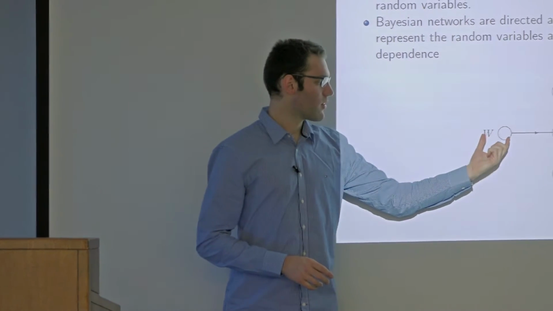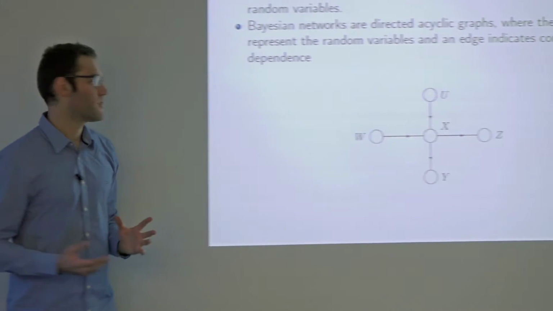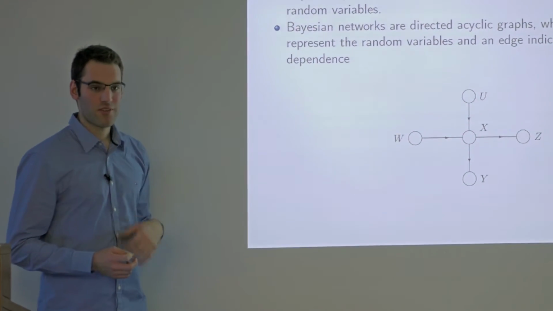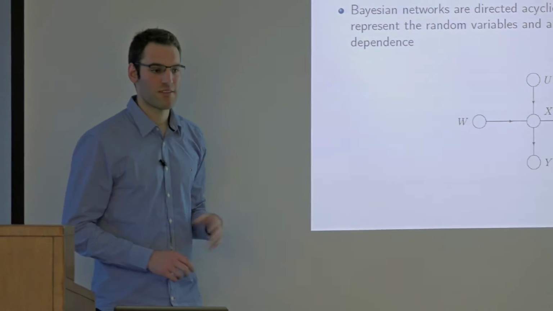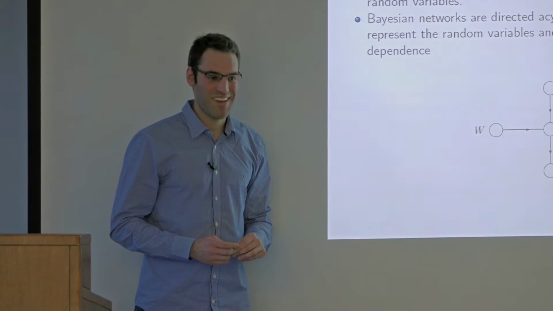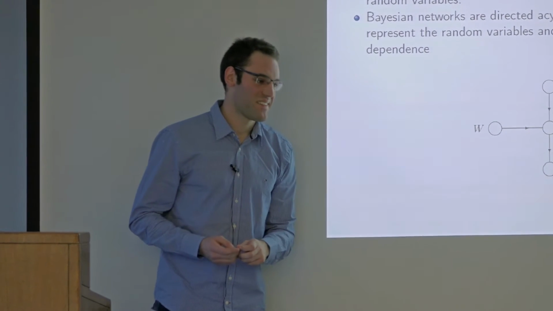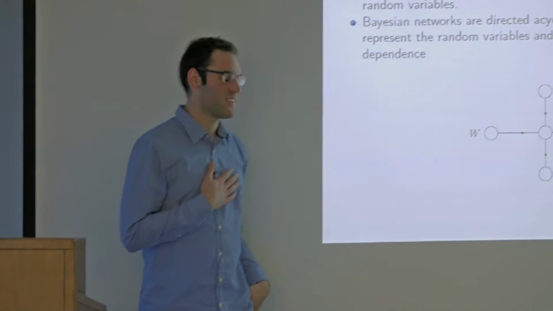The nodes are obviously the random variables, and the edges show the conditional dependence. So as a quick exercise for the students, just take a pen and paper and write down the joint density of that one. I know it's quite easy, but just to get everyone on track.